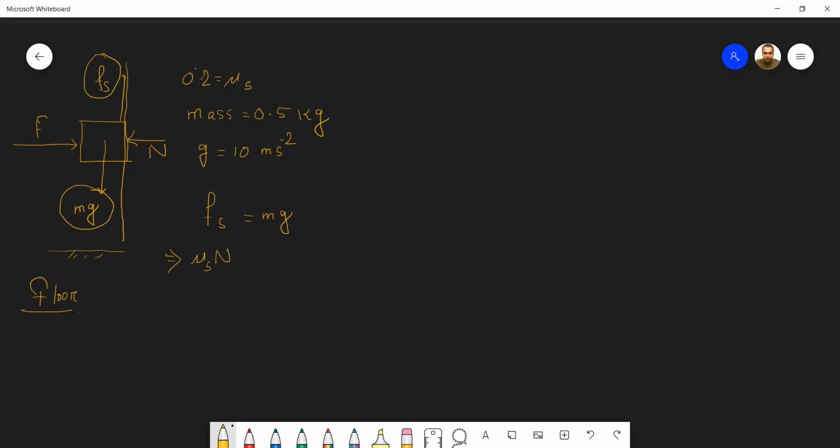So friction force Fs is equal to mu s multiplied by the normal force. I hope all of you know this formula.